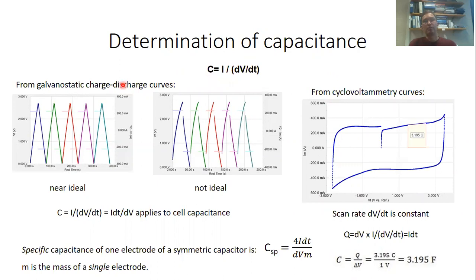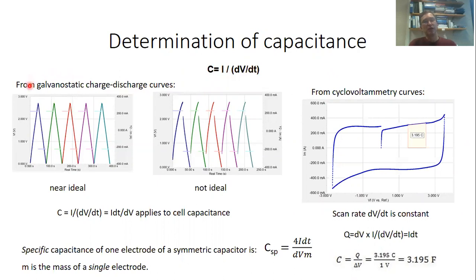Generally, the capacitance is the current over the change of the voltage over the time.